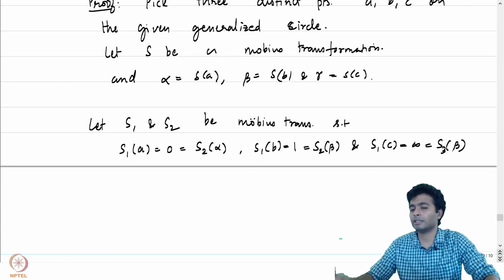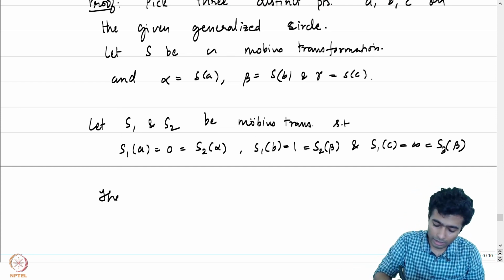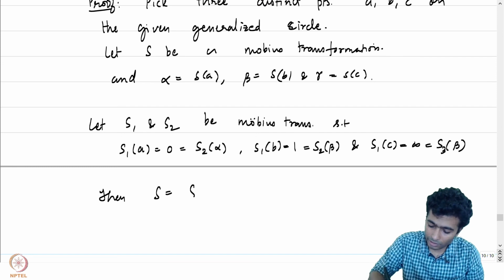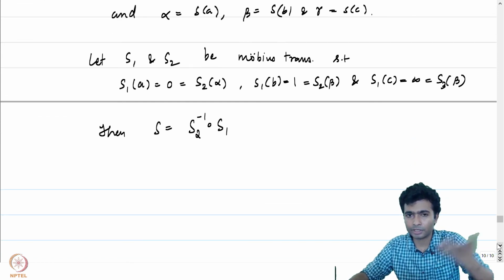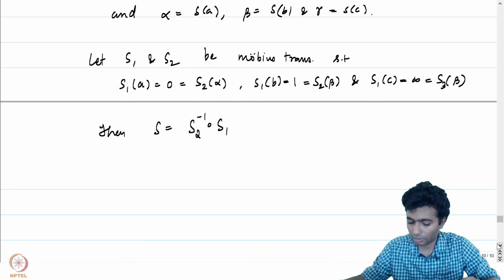And we have already seen that S is now forced to be equal to S2 inverse composed with S1. This is going to be a Mobius transformation, and by uniqueness this is going to be the case.